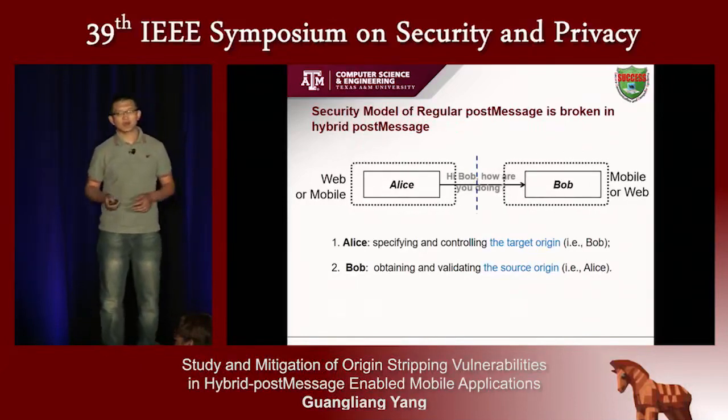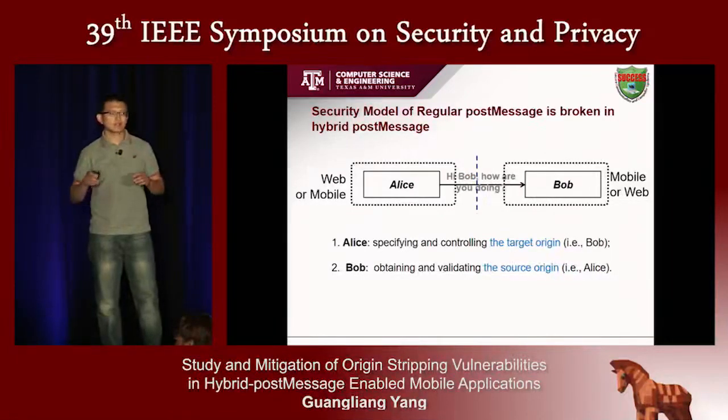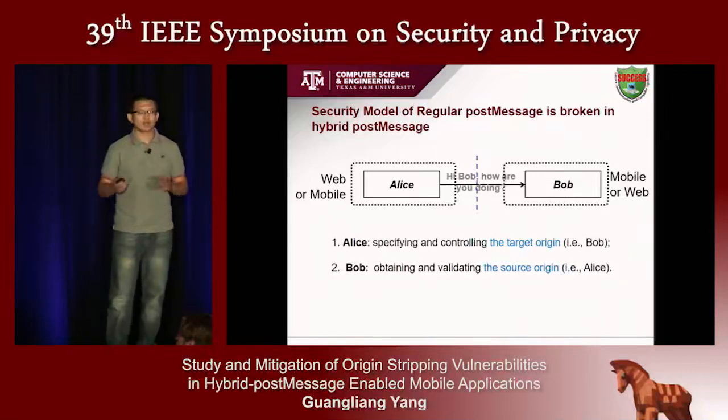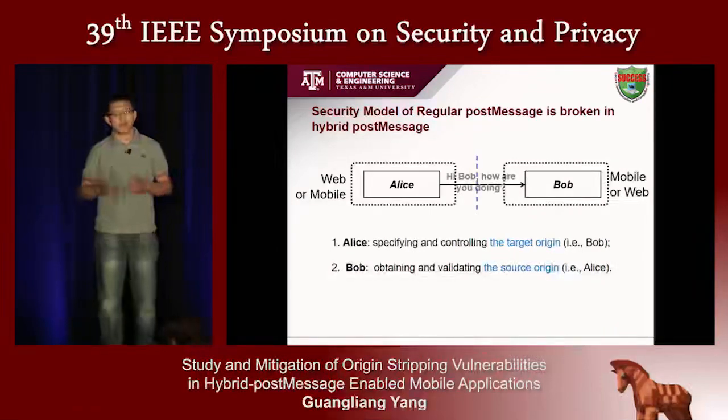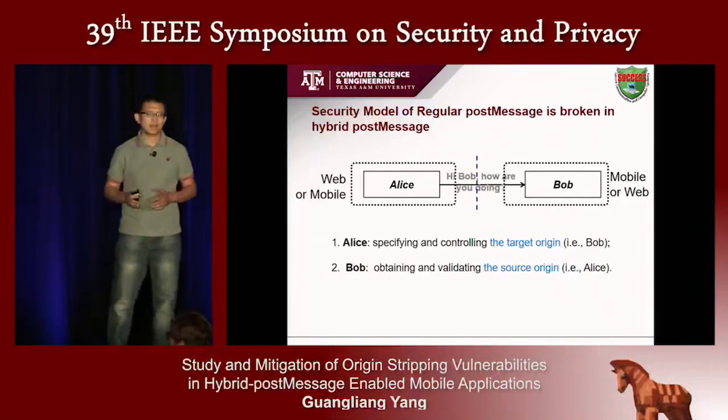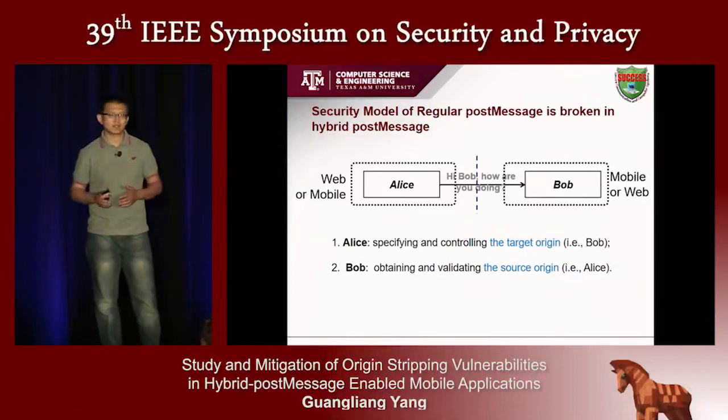Here, Alice and Bob are either web code or mobile code. They can send messages to each other through hybrid postMessage. However, unlike postMessage, hybrid postMessage does not allow Alice and Bob to specify and obtain the target origin and source origin.